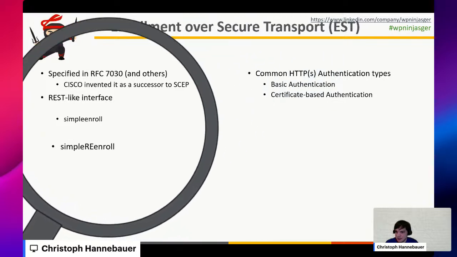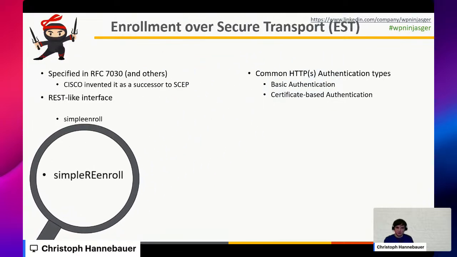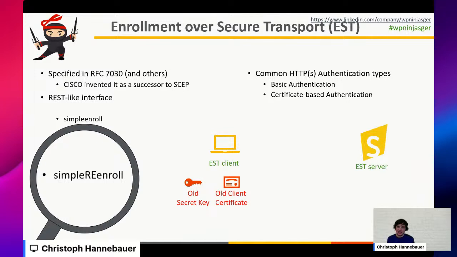And let's look at the simple re-enroll first, because that fits well with the dramaturgy of my presentation. So in this case, there's an EST server and an EST client. And the EST client must already have some kind of certificate with a private key, but it could, for example, be close to expiration. And once the EST client has something, it can generate a new key pair, a new CSR, and send it to the EST server.